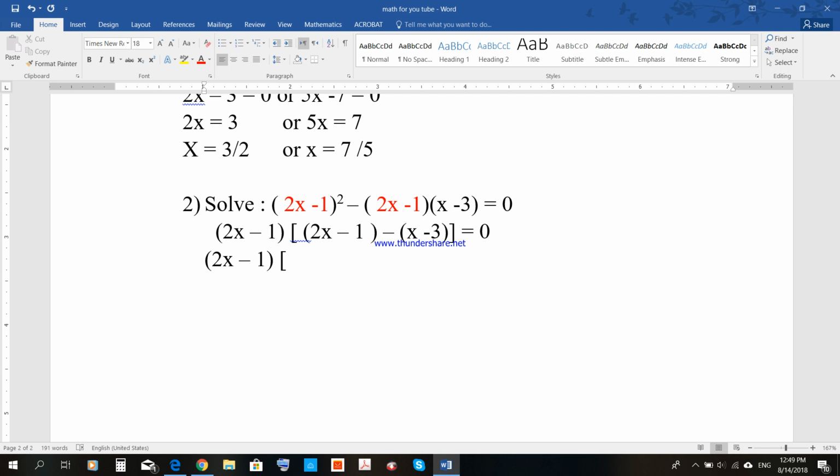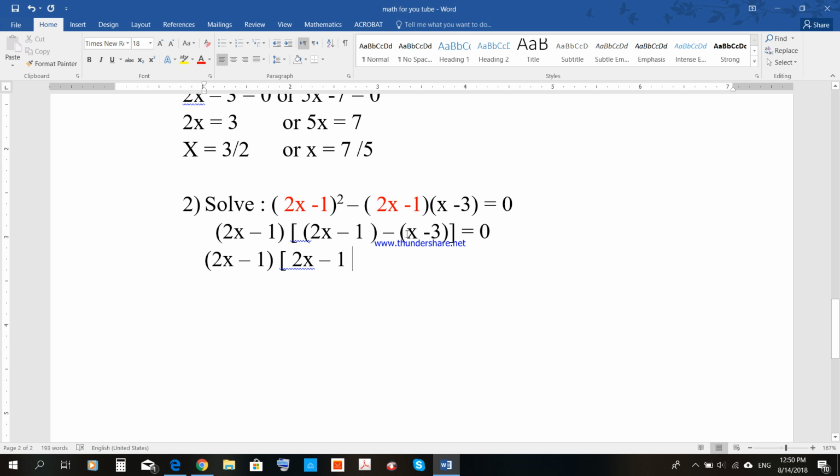expression in the brackets. We remove the small parentheses. It becomes 2x minus 1. Here we have minus, so this minus enters the parentheses to change the signs. Change all the signs.